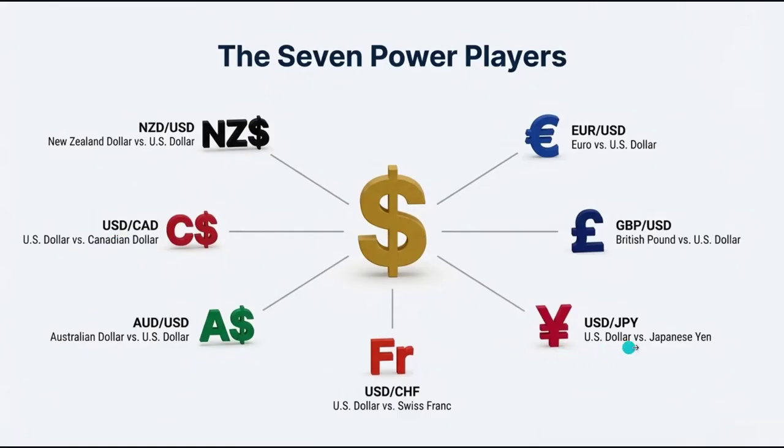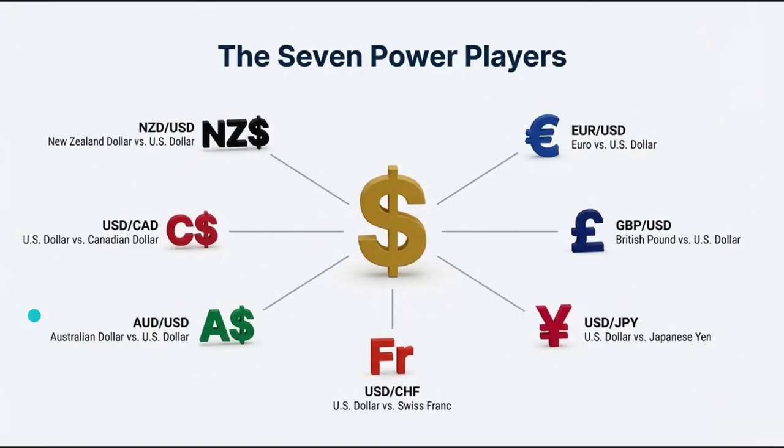Then we have the US dollar against the Japanese yen. Then we have GBP/USD. Then we have EUR/USD. So all of these are going to be considered our majors. Remember, anything that has USD either on the base or the quote is going to be considered a major player.